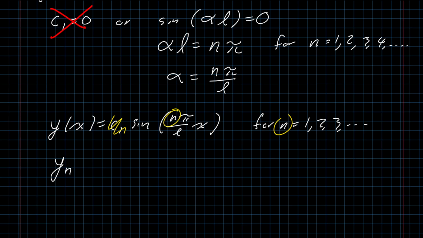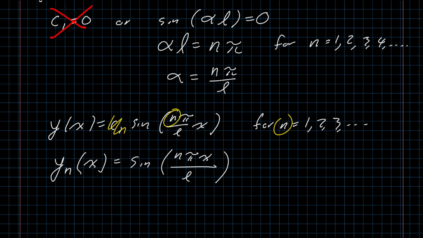But to indicate that we have free reign of this n as well, it's traditional that we call this solution y sub n of x. And sometimes you'll see the x show up in the numerator instead of being in front of the fraction. Either one is acceptable.